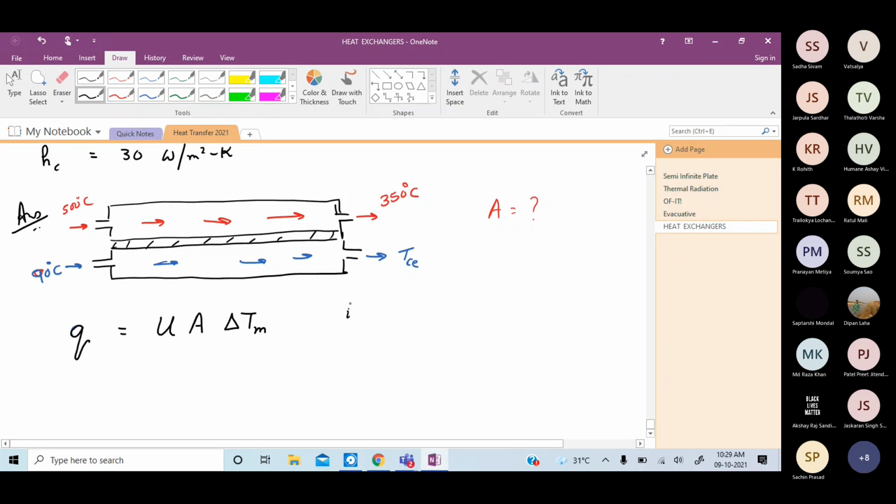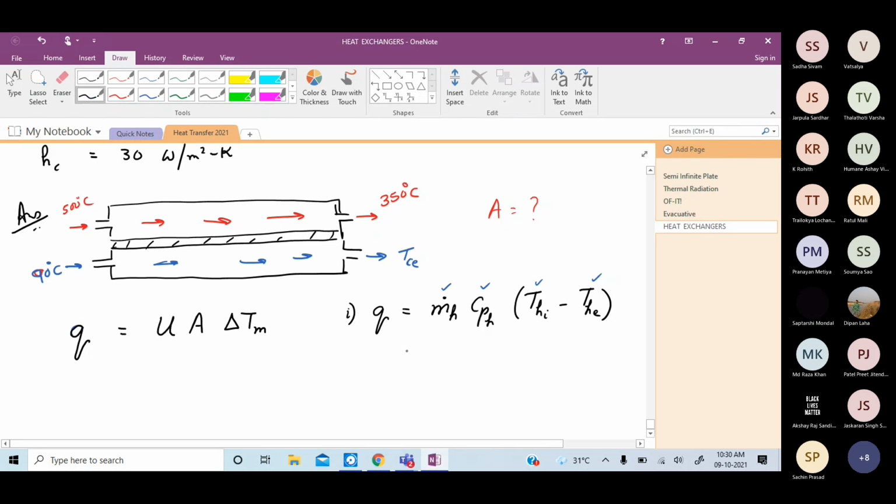One, do I know Q? Yes, I do, because it is m dot h Cph (Thi minus The). Do I know all of them? You bet I do, because m dot h is 5 kg per second, Cph is 1020 joules per kg Kelvin, Thi and The are 500 and 350.